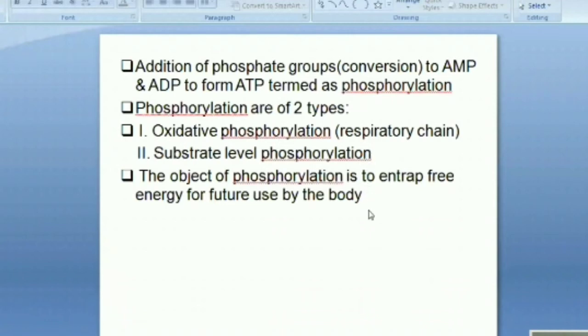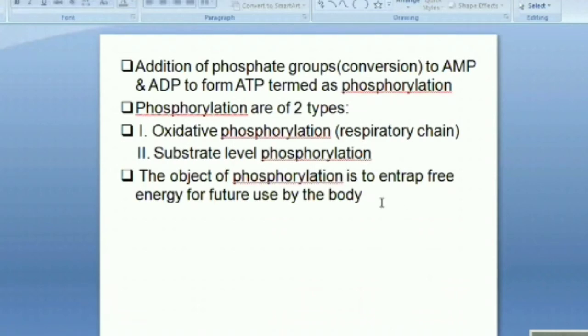Again, within the TCA cycle, some energy is produced. Substrate level energy is produced when succinyl CoA is converted to succinate. You must be fluent with the components of the citric acid cycle.